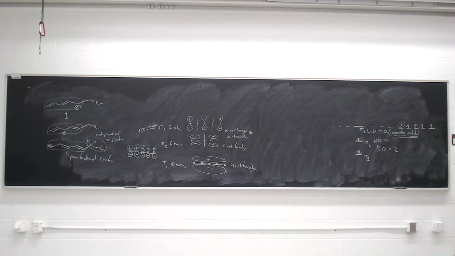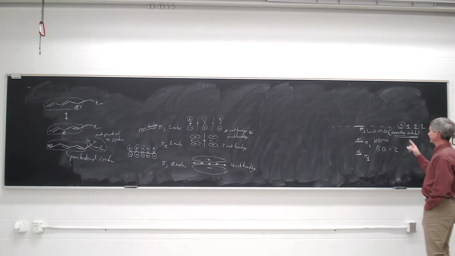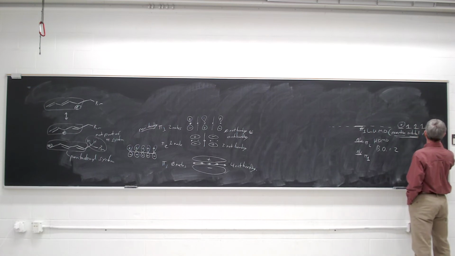Because that's the orbital that a nucleophile will put electrons into, and it's a carbocationic species, so it reacts to nucleophiles at the LUMO.